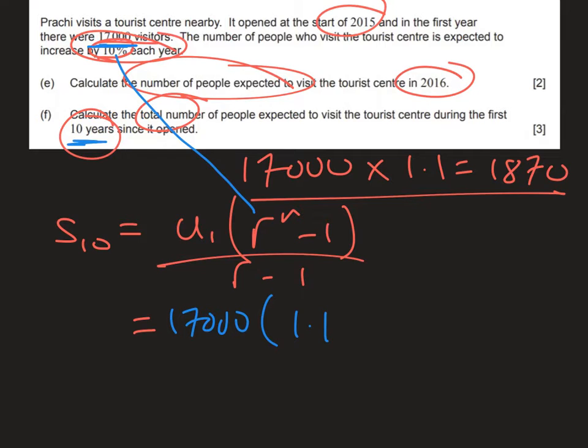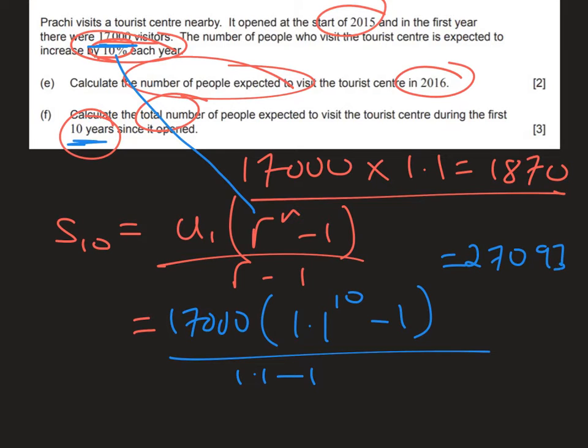It's 10 years, so n is 10, minus 1, all over 1.1 minus 1. If we work that all out, you end up with an answer of 270,936 visitors, or 271,000, correct to 3 significant figures.